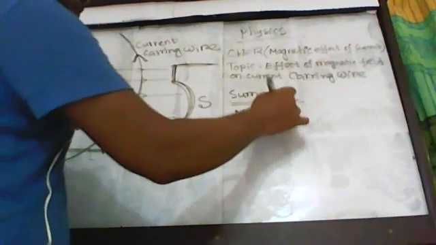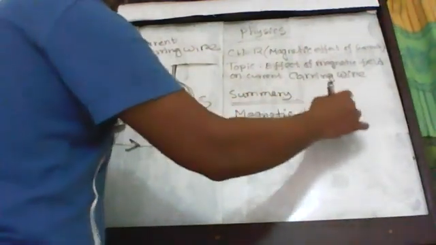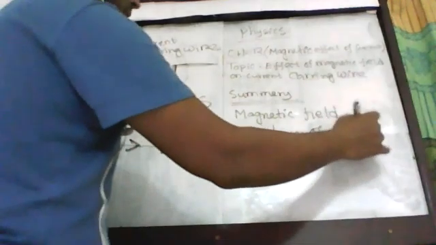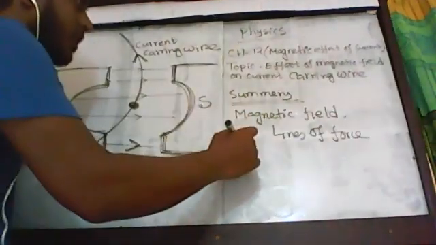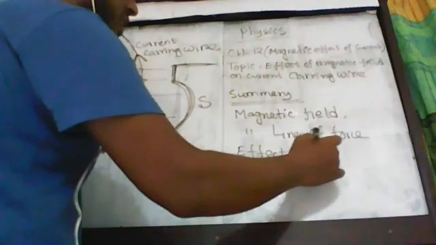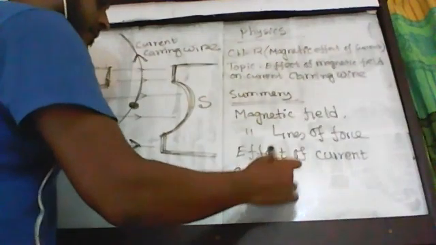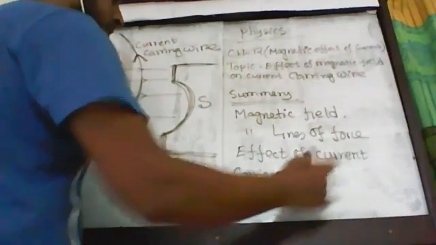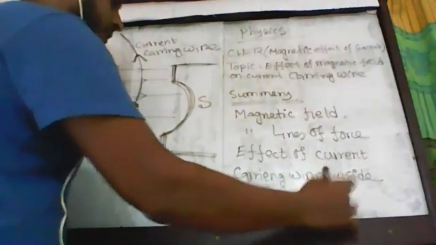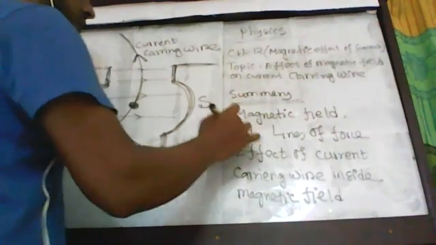After this class, you can explain about magnetic field, magnetic lines of force, then effect of a current carrying wire inside a magnetic field. So you can explain these following things.